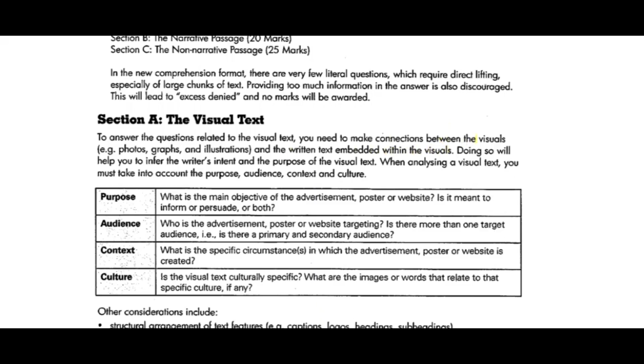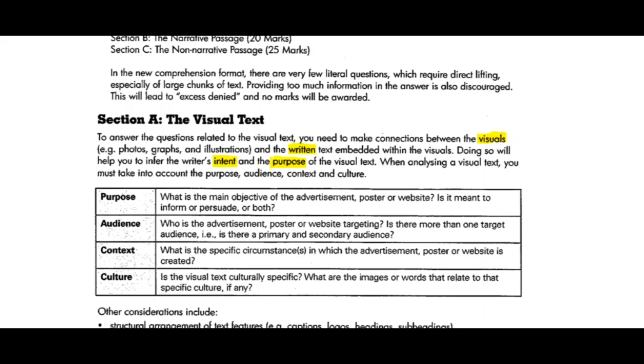So basically you have to look at the pictures, which can be photos, graphs, illustrations, and you have to look at the words and see how they work together to bring across a certain message. What's the purpose? What's the message that they're trying to bring across, and what is the intention of the author? What are they trying to get the reader to do, for example?